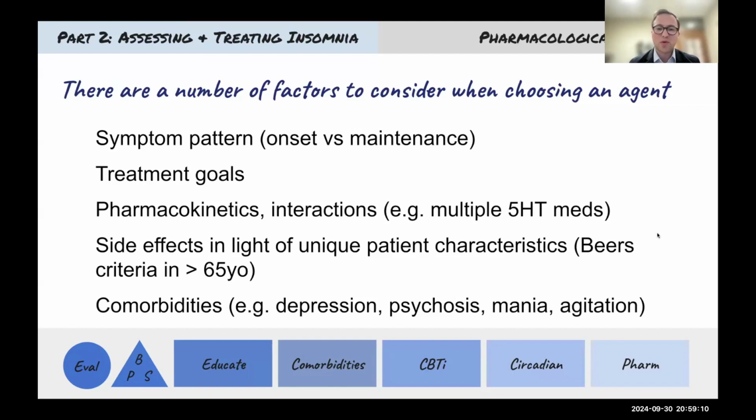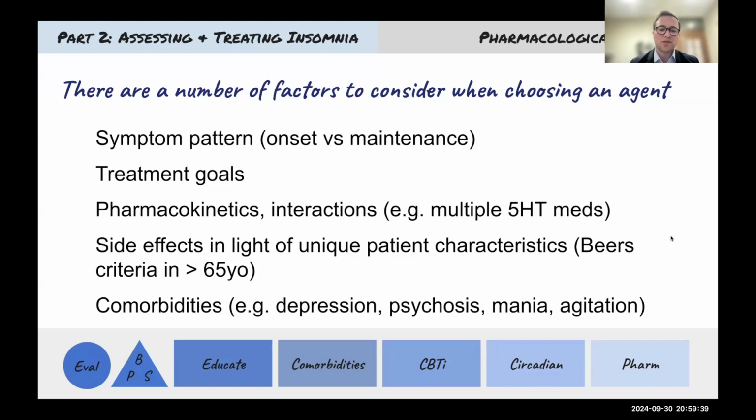Well, there are various factors that are important to consider, including what is the symptom pattern? Is the sleep complaint a sleep onset or sleep maintenance concern? What is our treatment goal? What are the pharmacokinetics of the medication I'm using? What's the half-life? Does this medication interact with other medications that the patient is on? It's also important to consider other unique patient characteristics such as age and apply helpful criteria such as the Beers criteria for safe prescribing in the elderly.